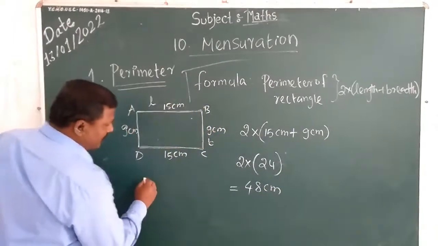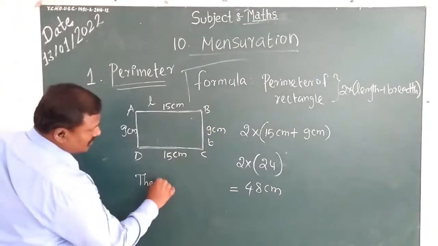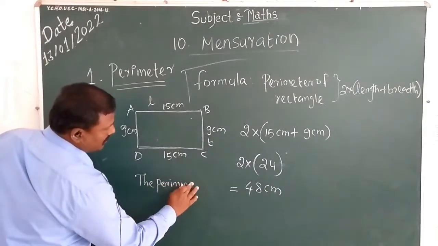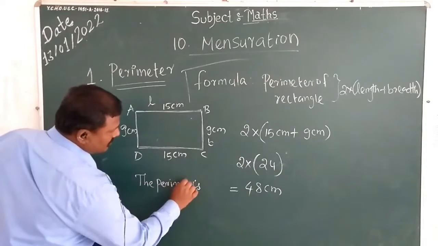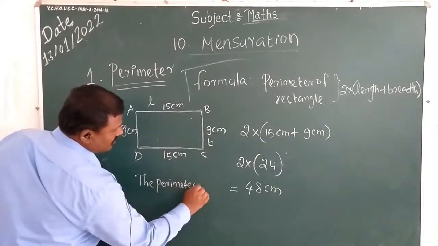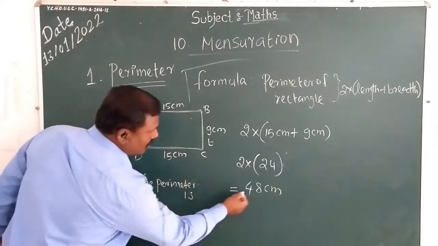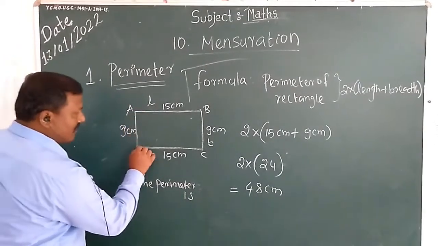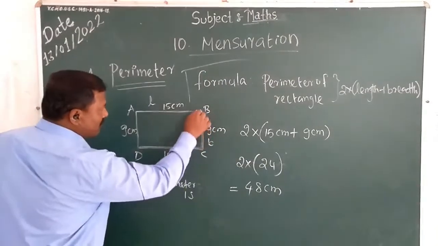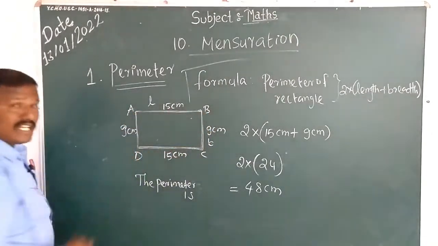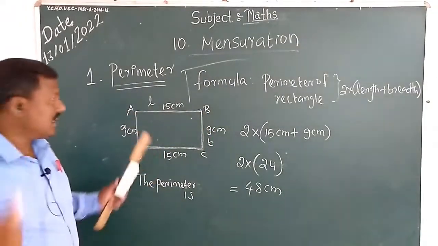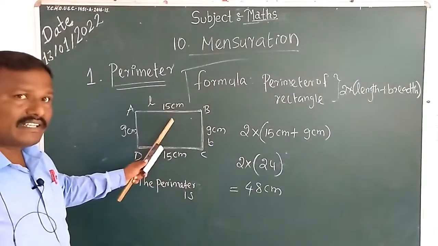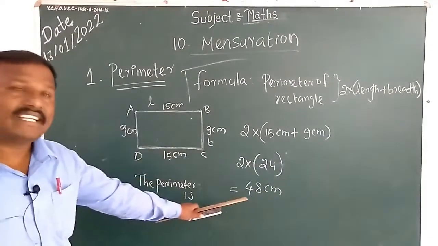So the perimeter of the given rectangle, only around the outside length, is 48 centimeter.